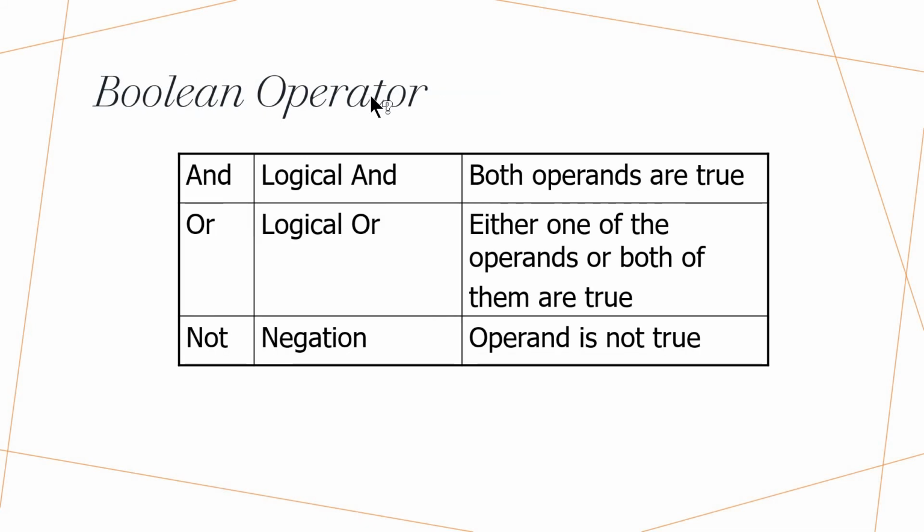Now coming to the Boolean operators, here comes the first one, that is logical AND. In case of logical AND, this will return true if expression 1 and expression 2 have to be true, or condition 1 and condition 2 have to be true. Think that if condition 1 is true and condition 2 is false, in that case the result will be false.